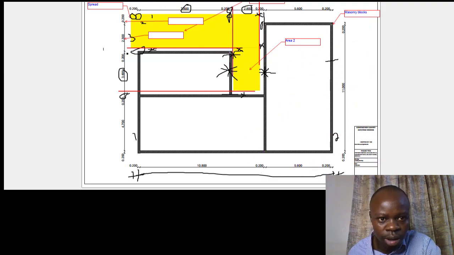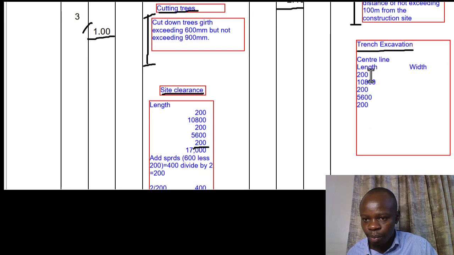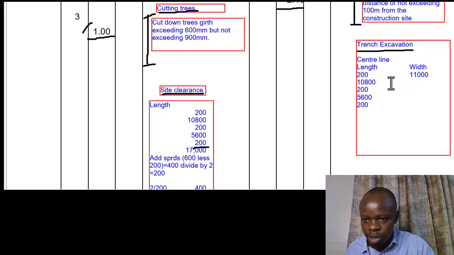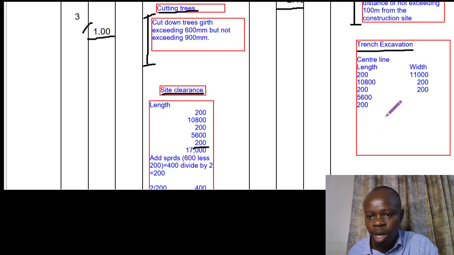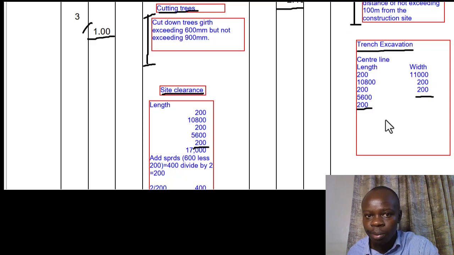So the first one is 11,000, and then we add the walls, 200, and we also add another 200 there. So we add both of them on either side. We get the length and the width, then we add those two and see what we are coming up with.